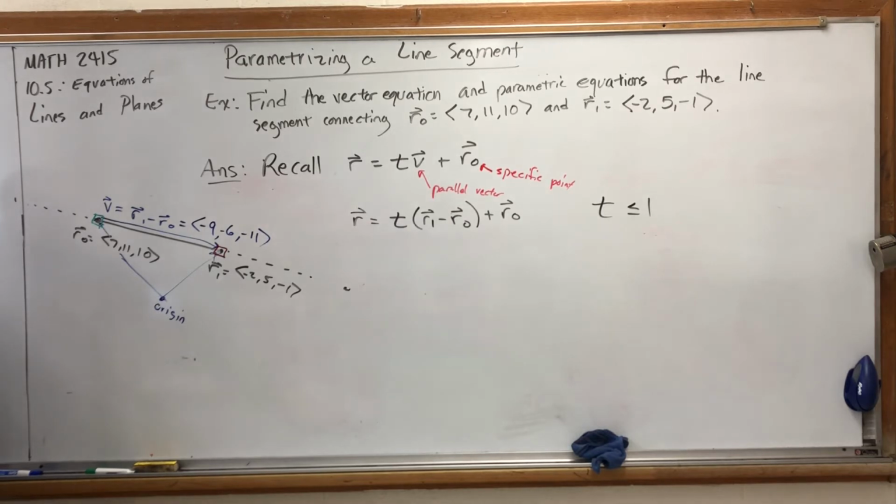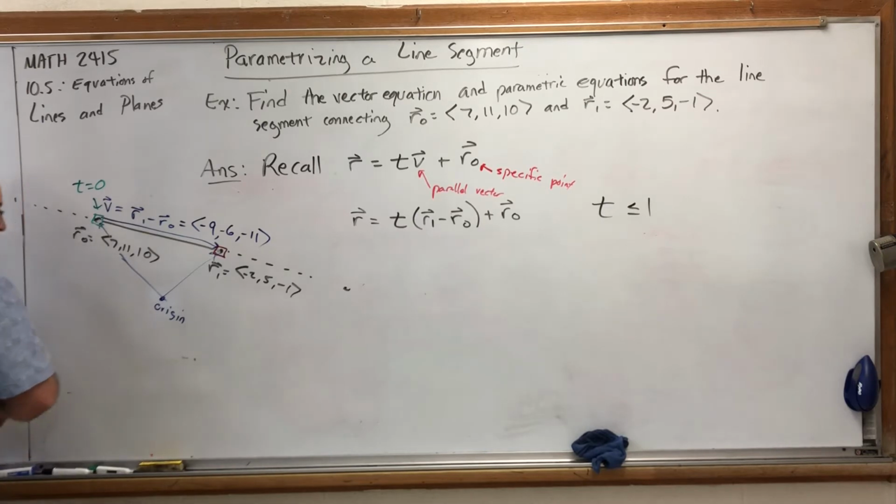But what happens when t is 0? Well, t counts how many of the blue vectors you travel starting from this point. And if t is 0, you travel none of them and you stop where you start. In other words, this point here that we decided to call R0 would be where we would be when time equals 0, if you will, when we haven't traveled any of the parallel vectors.